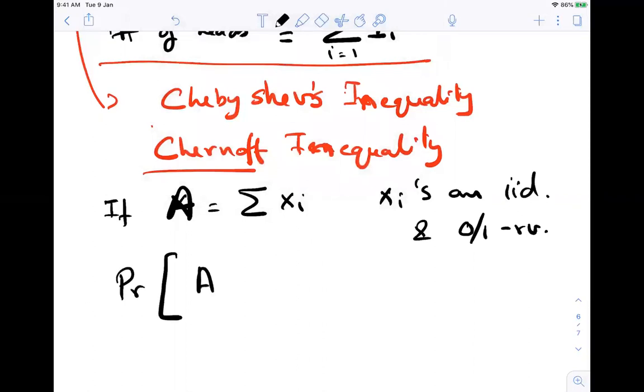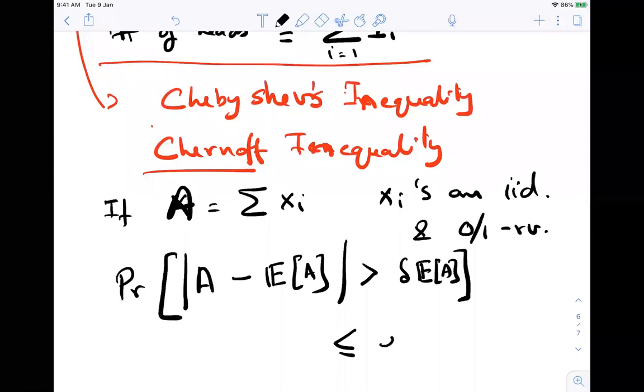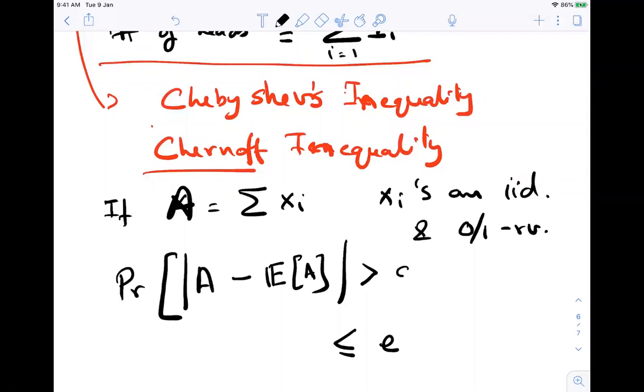The probability that A minus the expected value of A is bigger than delta times the expected value of A is less than e to the power minus, I think, 4 times a squared by n.